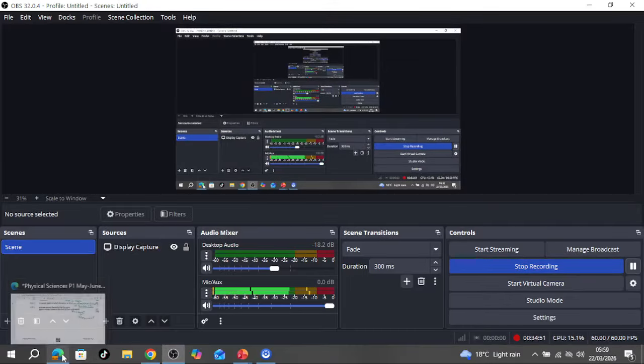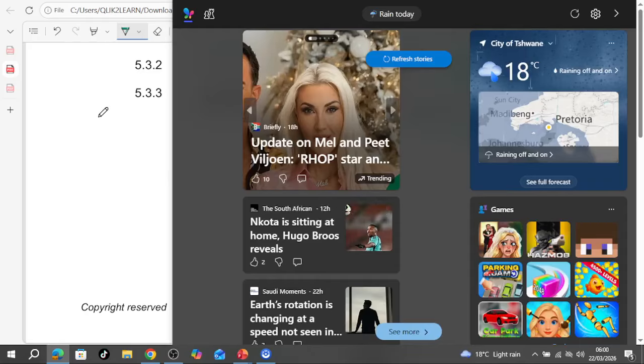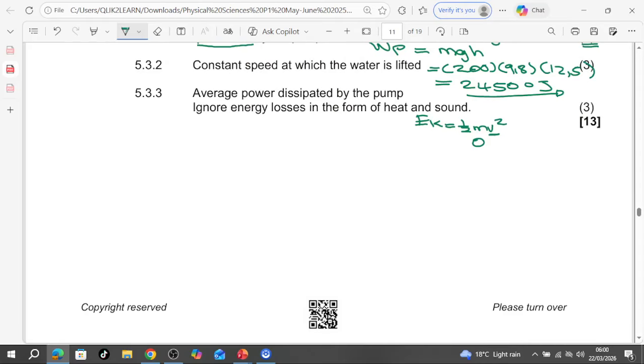Okay, so let's clean here to make space. We are saying that we can use the formula: the work done by the pump is equal to the force of the pump, FP, delta X cos theta.